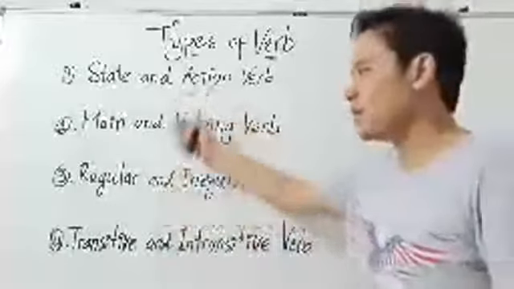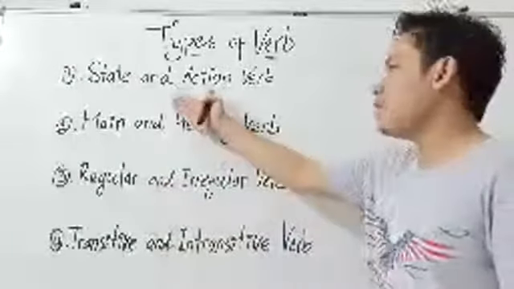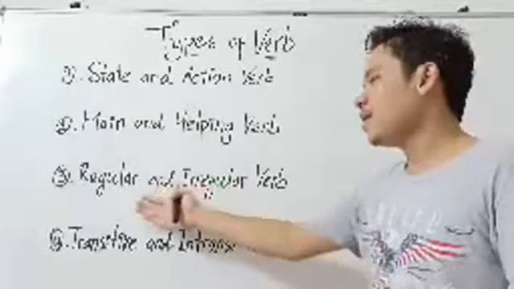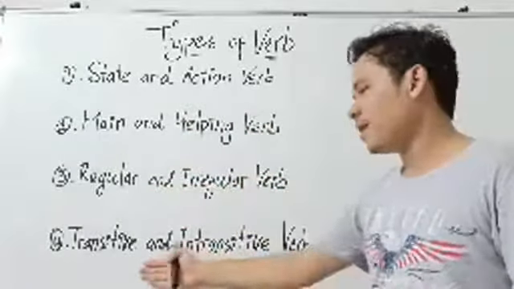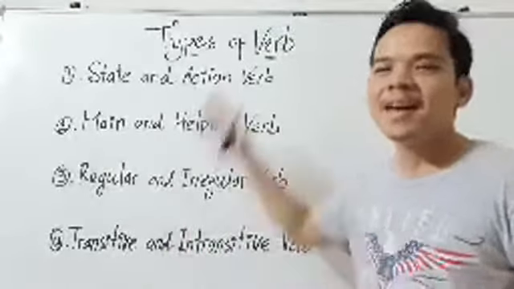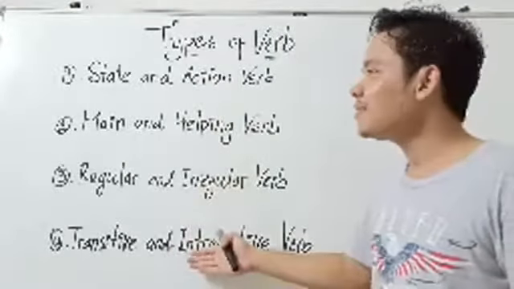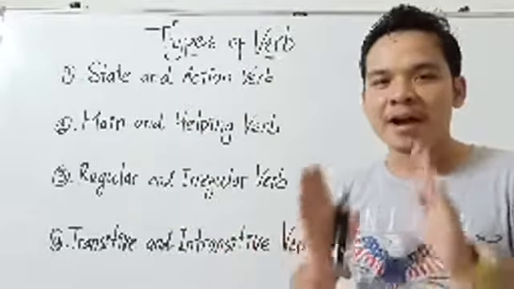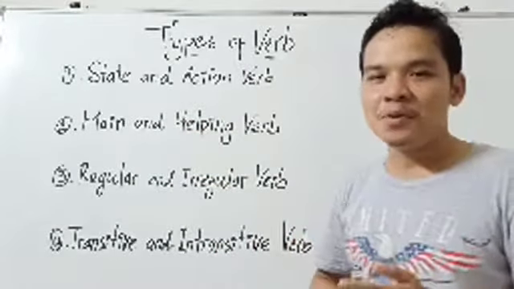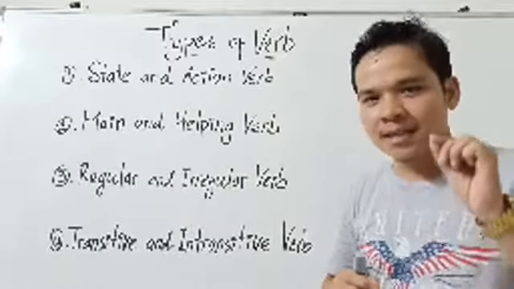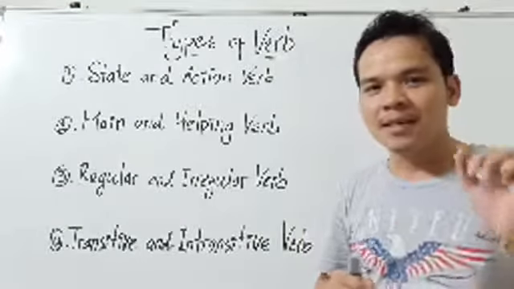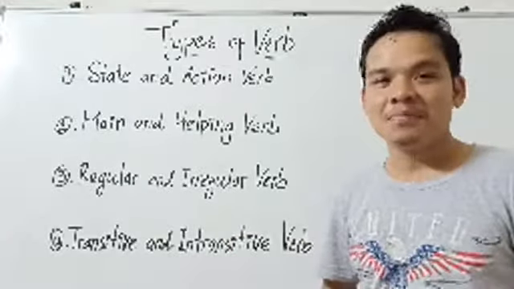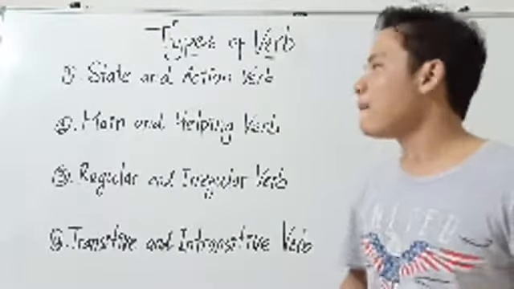You can see number 1, 2, 3 and 4: stative verb and action verb, main verb and helping verb, regular and irregular verb, and transitive and intransitive verb. They are all verbs. One by one, I will give more detail to let you know what a stative verb is, what an action verb is, what a main verb is, what a helping verb is, and transitive and intransitive verb. You will know one by one together with me.